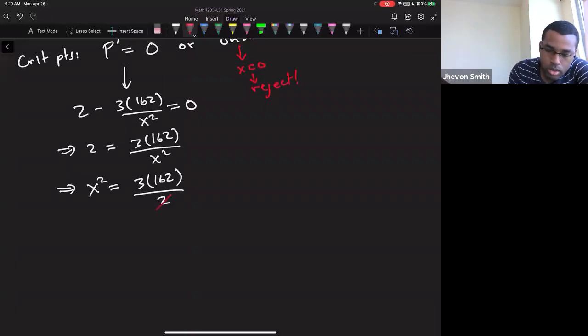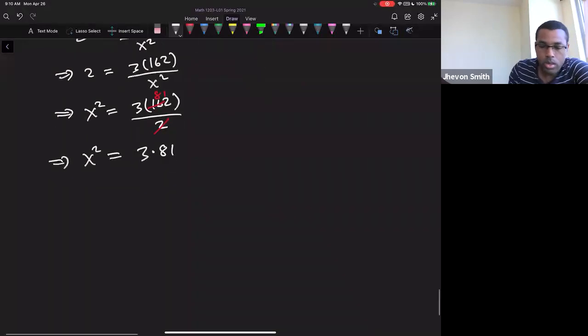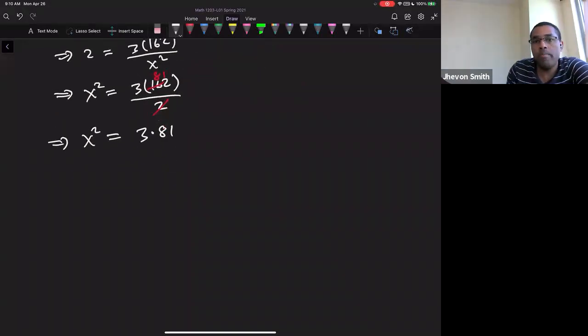Now 2 goes into 162. 2 goes into 16, 8 times, 81. So that goes into 81. So this is x squared equals 3 times 81. Now 81 is 9 squared. So if I take the square root of 81, I would get 9.